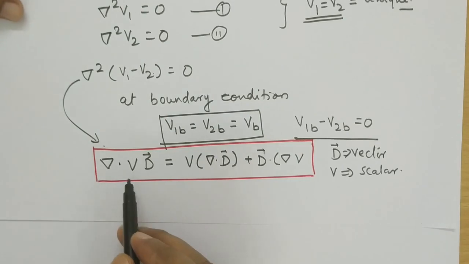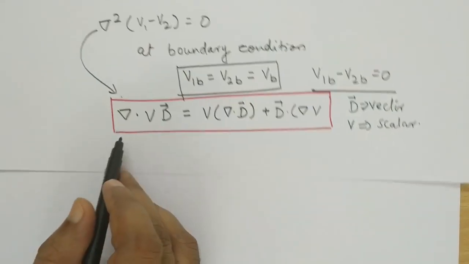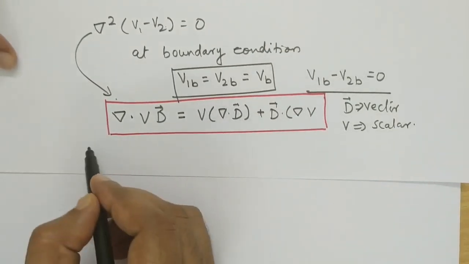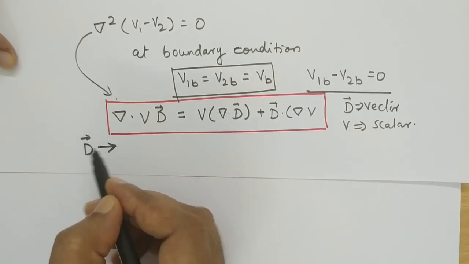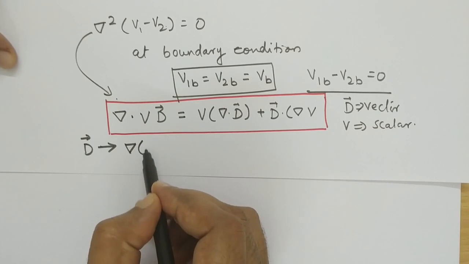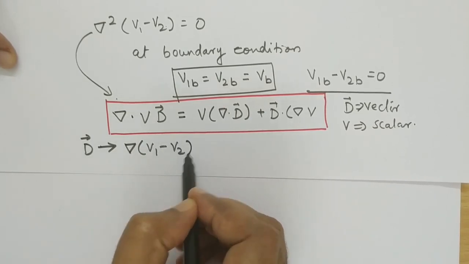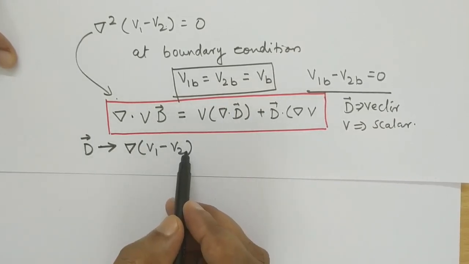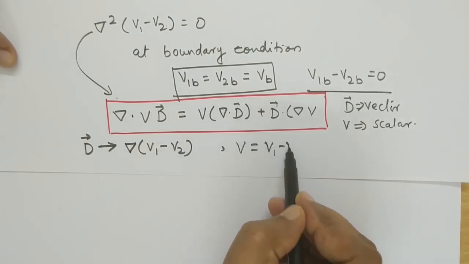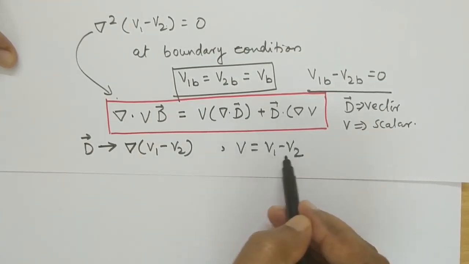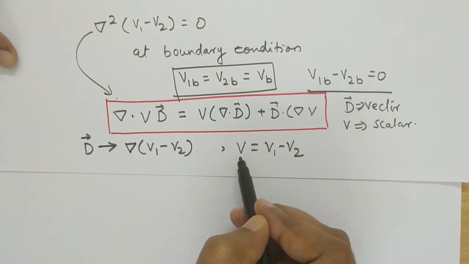Now we will assume the vector quantity D, because this is valid for any vector quantity, as del of V1 minus V2, because this is the gradient of a potential, so it is a vector, and V is V1 minus V2, the difference of potentials, so it is a scalar.